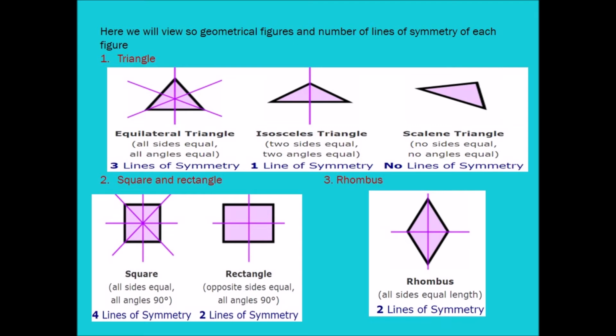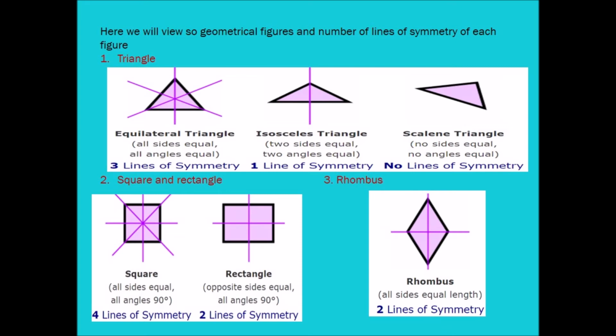It has two sides equal and two angles equal, and this type of triangle has only one line of symmetry. If I try to draw another line of symmetry in this shape, I will not divide it into two equal parts, so it only has one axis of symmetry.